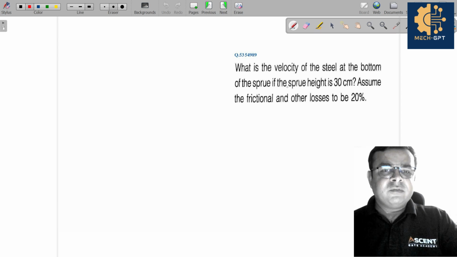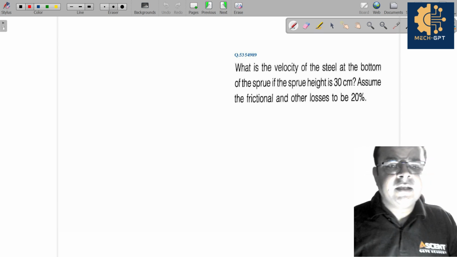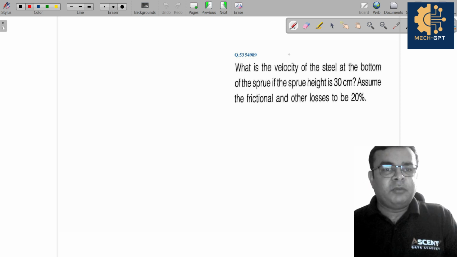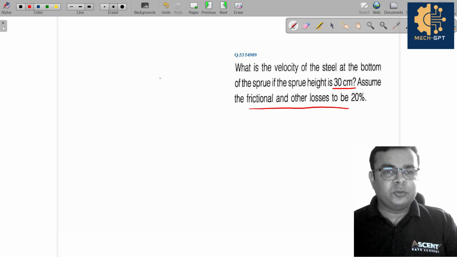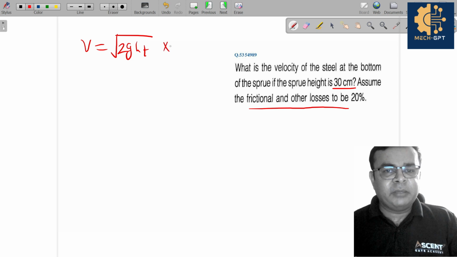What is the velocity of the steel at the bottom of the sprue, if the sprue height is 30 centimeter, assuming the friction and other losses are 20%? The velocity is root 2 g h, and since there are 20% losses, you multiply with 0.8.